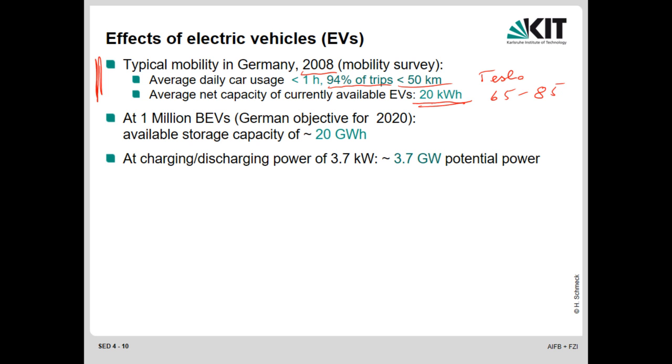And it shows that if you want to travel over a longer distance, let's say 1,000 kilometers, you have to recharge your battery 10 times if you have a 10 kilowatt hours battery.